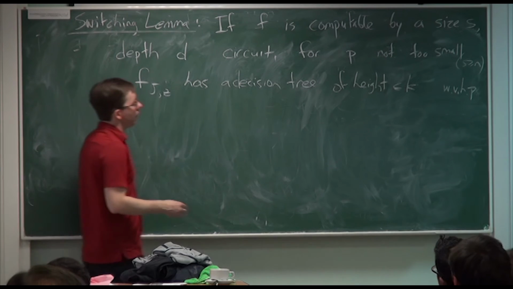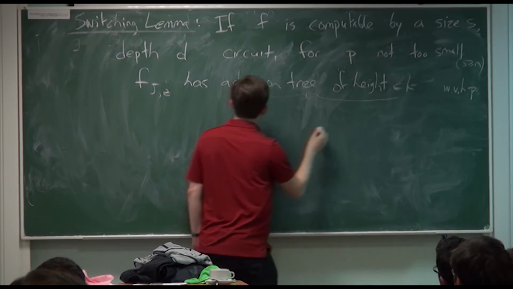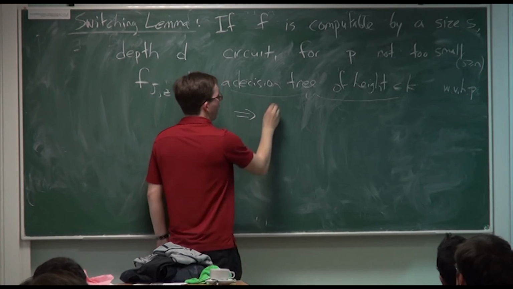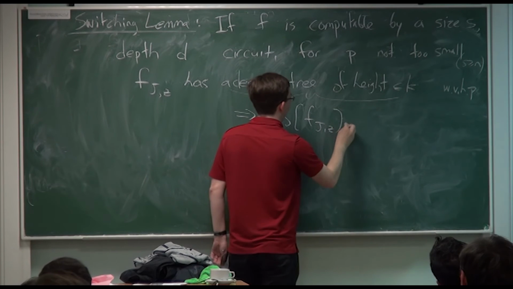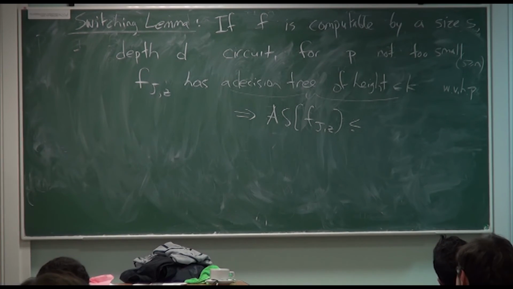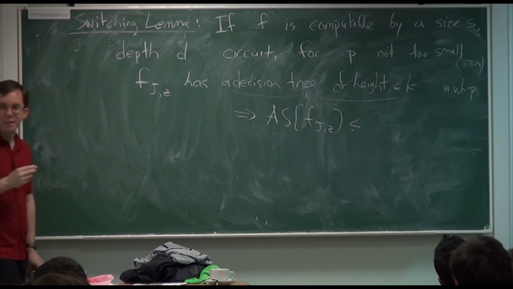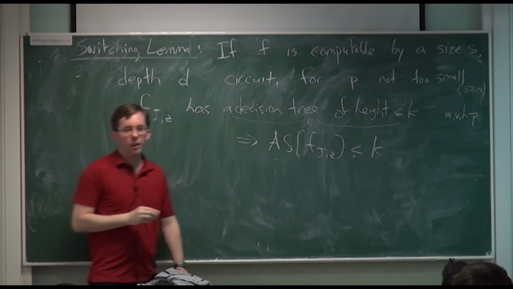But what can we say about the case when it has a decision tree of height at most k? What does that imply about the average sensitivity? Anybody want to say? It's also at most k. There's two ways to see that.